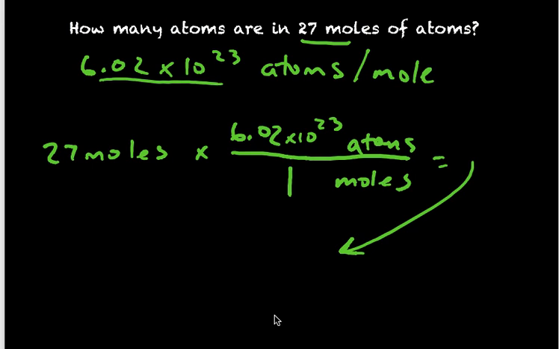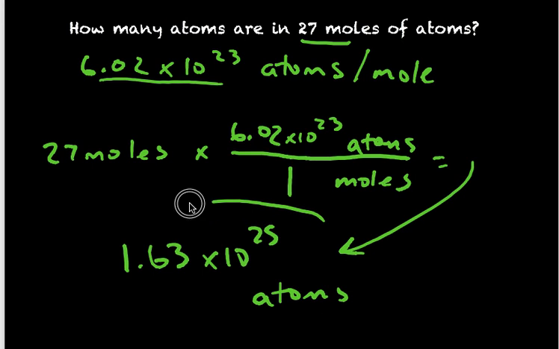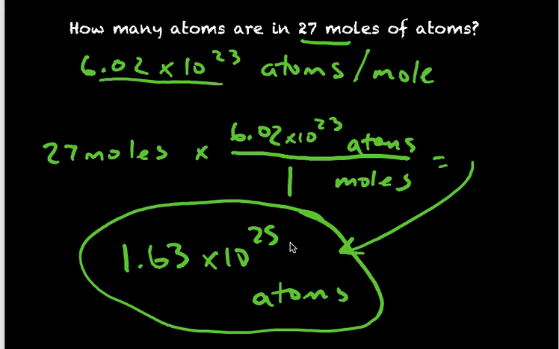Now, you multiply 27 moles by the 6.02 times 10 to the 23rd atoms. And that gives you an answer of 1.6254 times 10 to the 25, or 1.63 times 10 to the 25th atoms. And that's your answer.